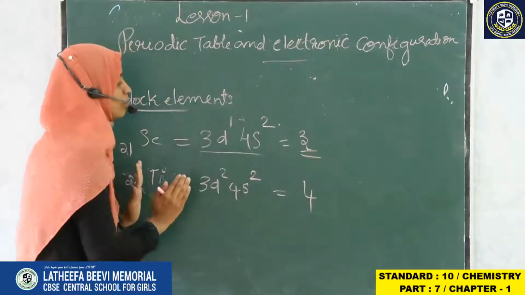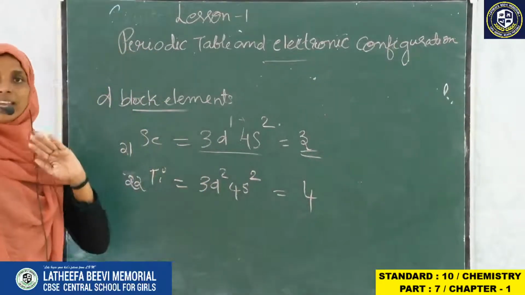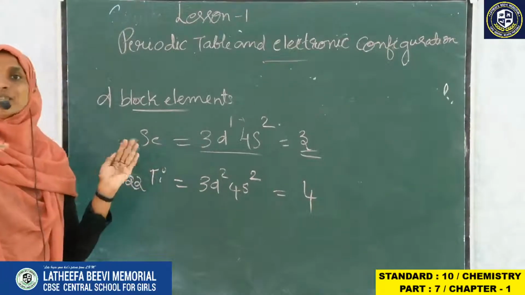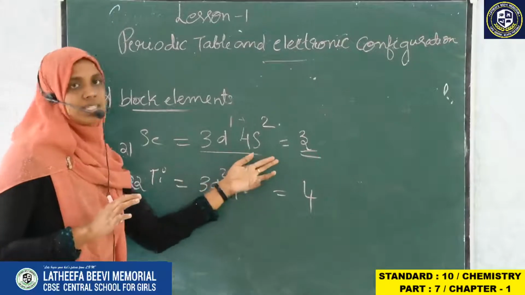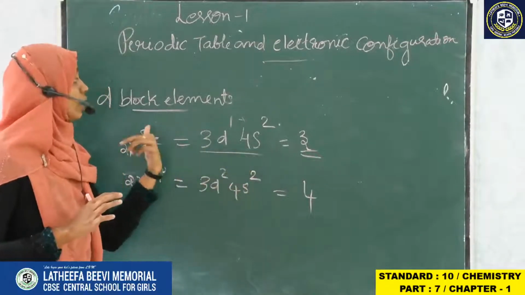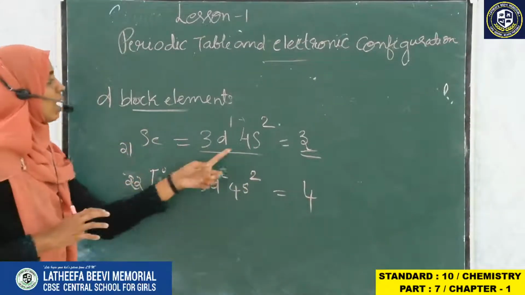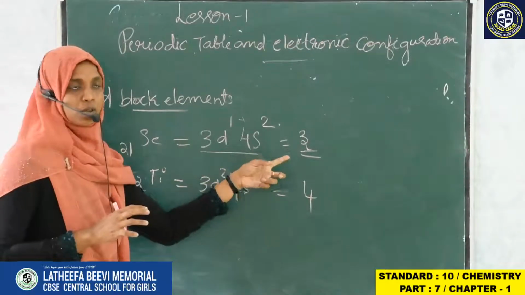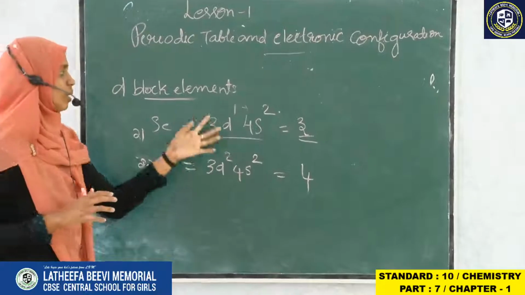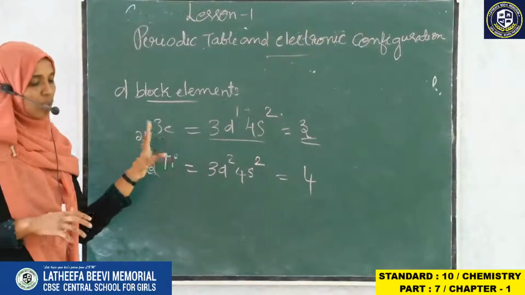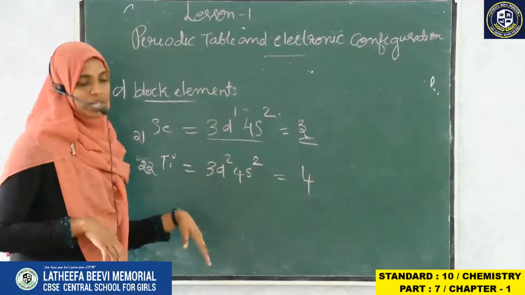In S block elements and P block elements, we only consider the last subshell. Here in D block elements we consider the number of electrons present in the S subshell and the number of electrons present in the D subshell. In this way we can calculate the group number of D block elements.